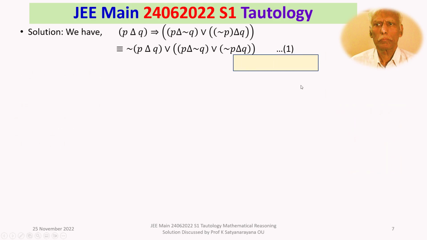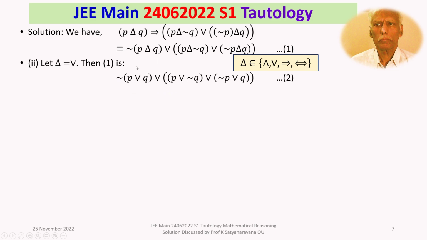That's the given compound statement, the equivalent one, and now the turn of delta is equal to OR. Then wherever there is delta, you write OR, and you will get negation of (P or Q), or (P or negation of Q), or (negation of P or Q).